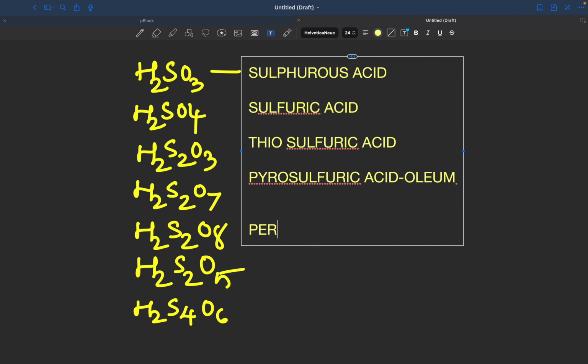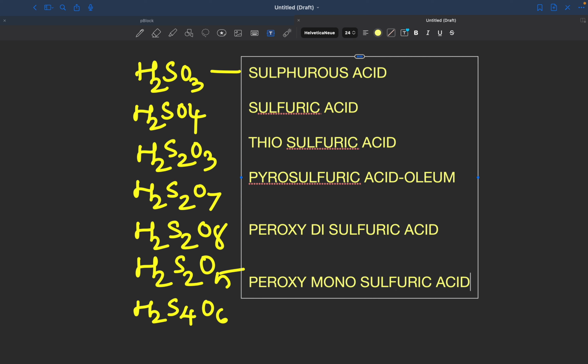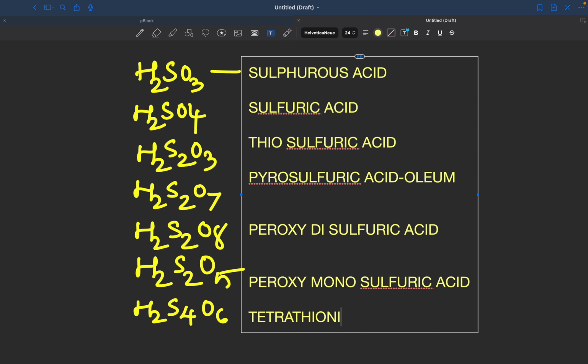This is peroxydisulfuric acid, and this one is peroxymonosulfuric acid, this is tetrathionic acid.